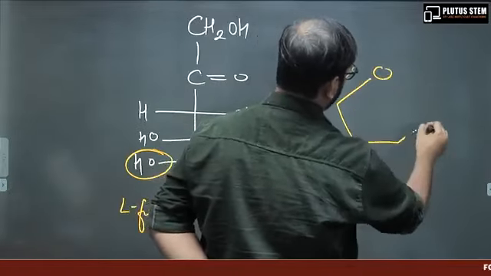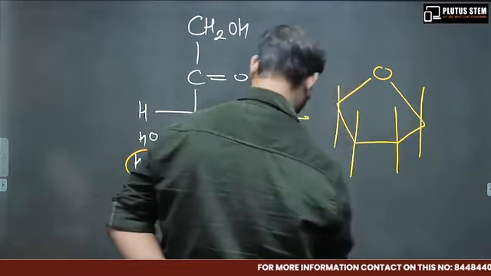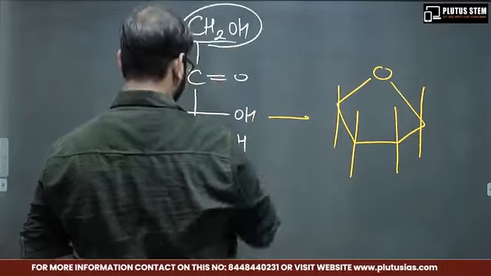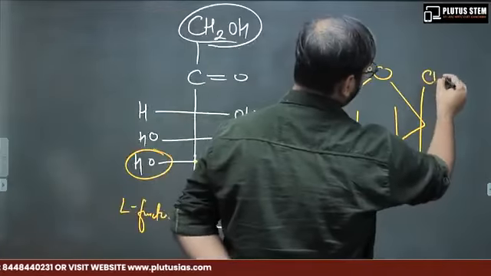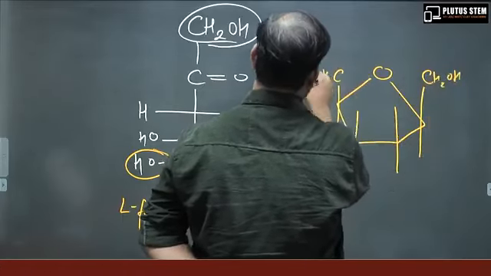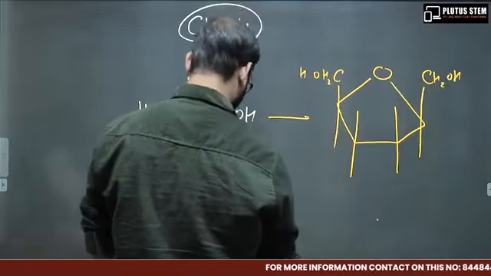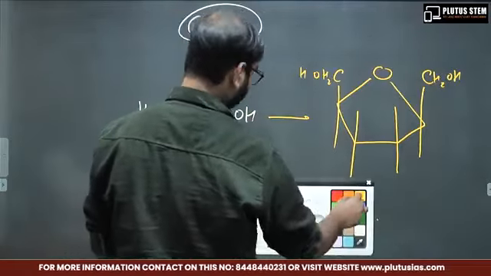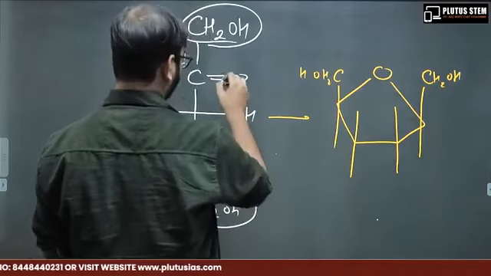1, 2, 3, 4, 5. Marking the groups 1, 2, 3, 4, 5. Carbon number 1, CH2OH, always of highest priority, will be marked above the plane of the ring. Then whatever is left, it will be marked. Now I'm assuming that the OH I am forming is lying outside of the ring.